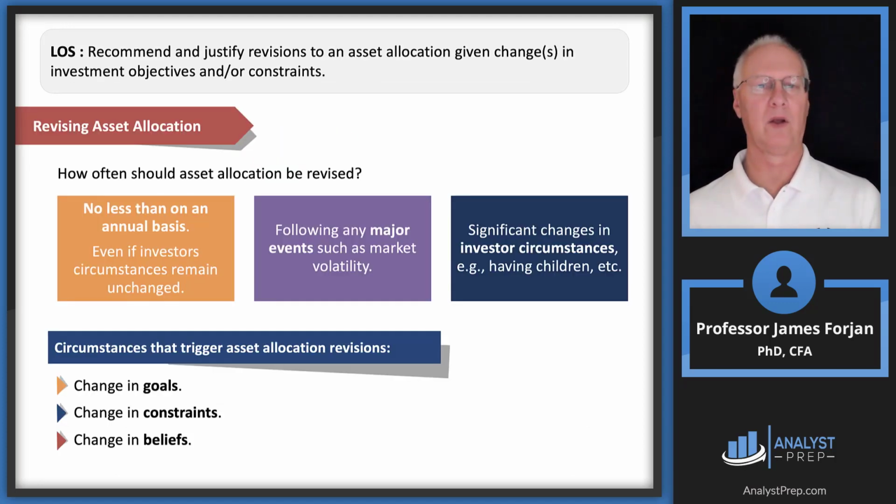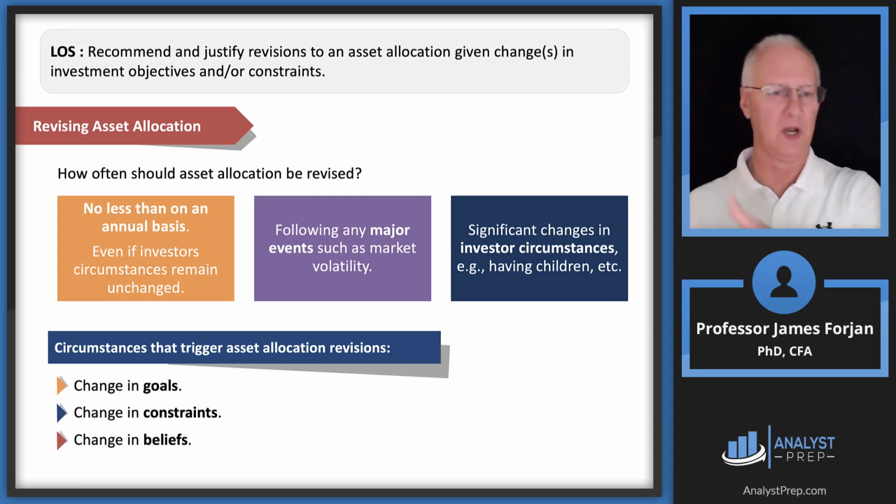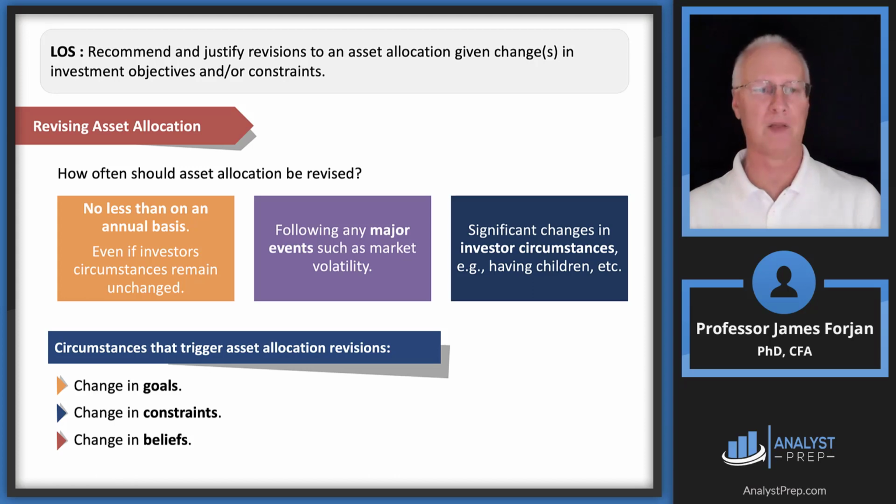So here's a great question that occurs all throughout the program in terms of monitoring and rebalancing: when do you do this? The Institute pretty much has lasered in on this: you've got to do this at least annually, because during the course of the year there are going to be tons and tons of things that happen outside of the policy statement, let alone stuff that might be happening inside of the policy statement.